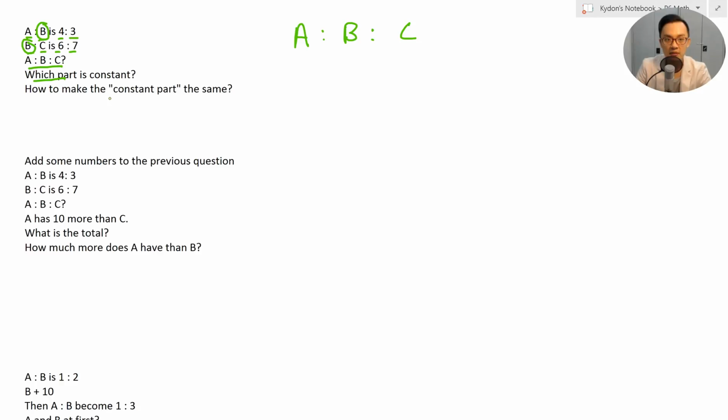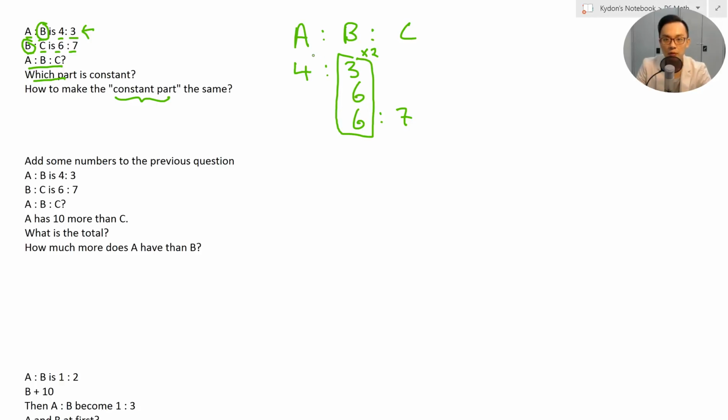And then I'm going to ask myself, how do I make the constant part the same? So I write down A is to B first, which is 4 is to 3. And then I write out B is to C, which is 6 is to 7. And I need to make this constant part the same. So that's what I'm going to do by multiplying a 2 to this, which makes the 3 into a 6.